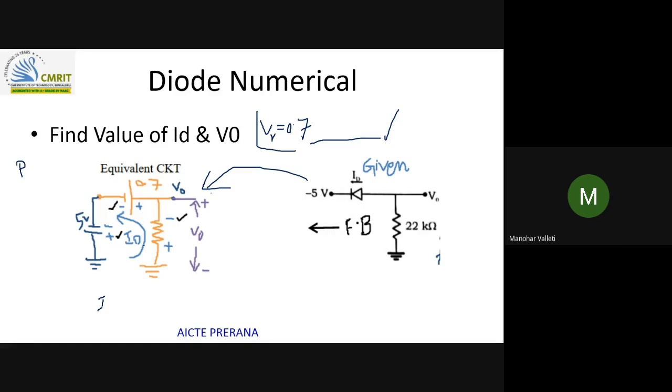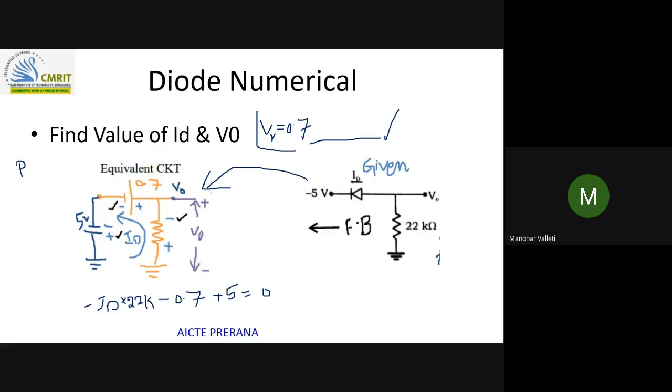If you apply KVL in this loop, always follow the second sign. Minus ID multiplied by 22K minus 0.7 plus 5 equal to 0.